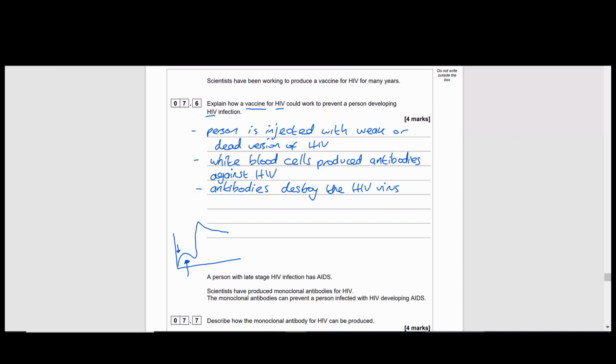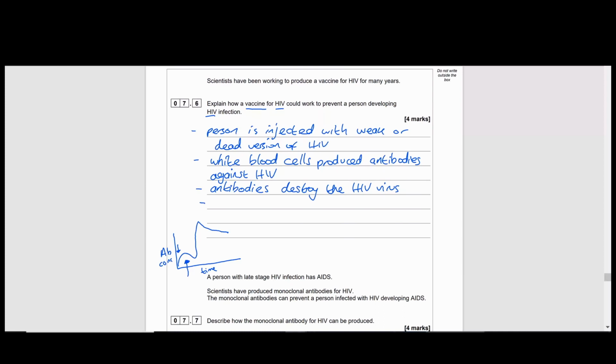But we need to think about the next part of our graph, which is this section where our line starts to increase. So just to be clear, this line is supposed to represent antibody concentration over a period of time. What is the reason why there is such a rapid and large increase in the concentration of our antibodies?